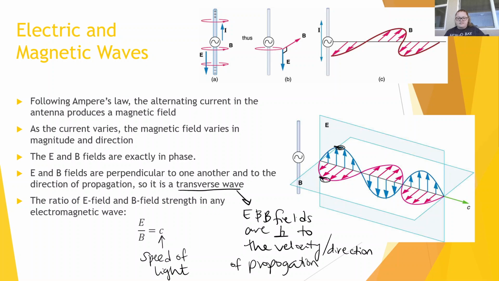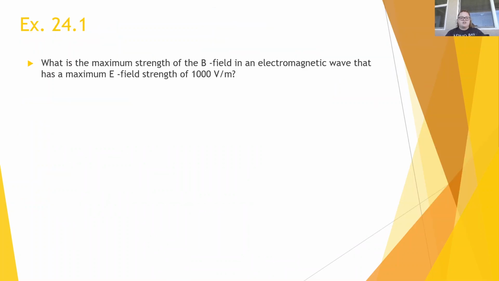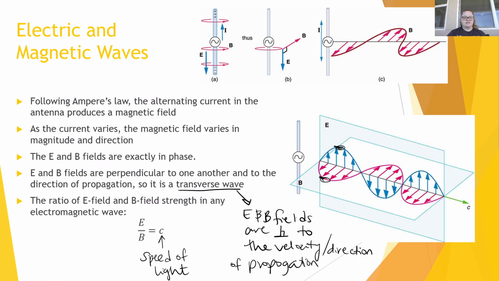All right. So, given that information, let's start with an example. What is the maximum strength of the B field in an electromagnetic wave that has a maximum E field strength of 1000 volts per meter? So we just said E over B is equal to c. Agreed?